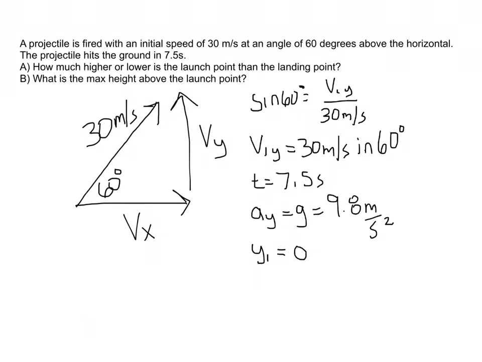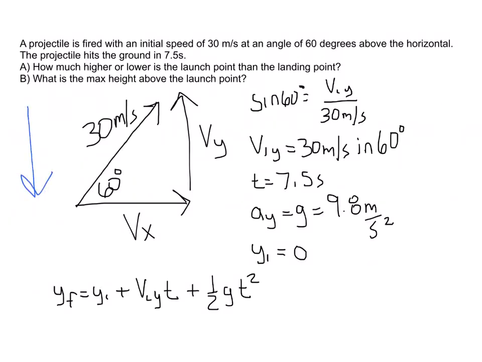The equation we get is y final is equal to y initial plus the initial velocity in the y direction times time plus 1/2 a in the y direction, which is g, times time squared. One thing we want to get under wraps is going down, g is going to be minus and up is going to be plus.